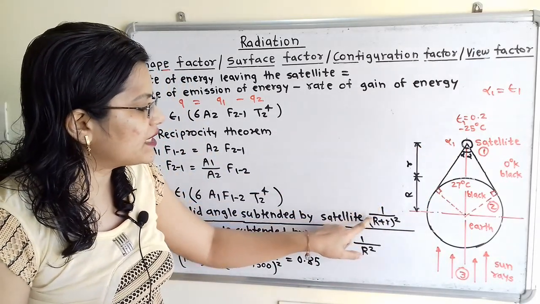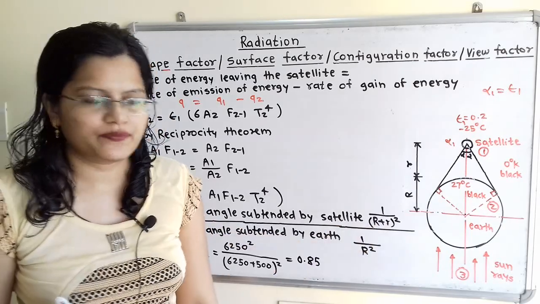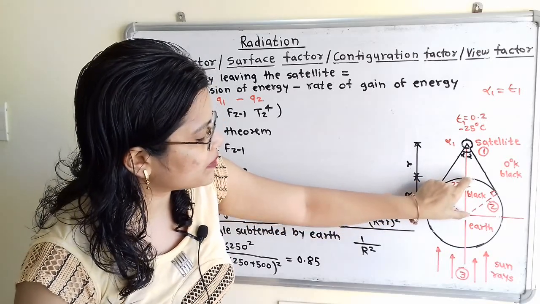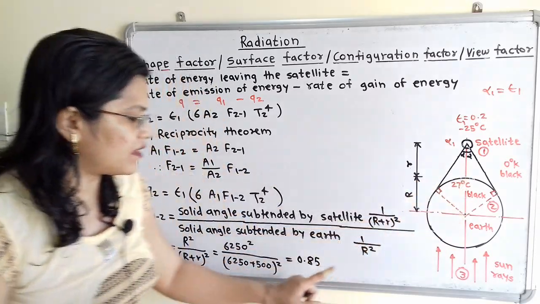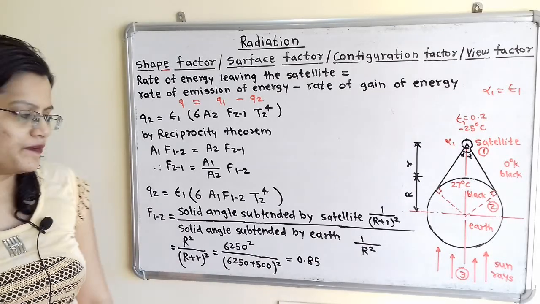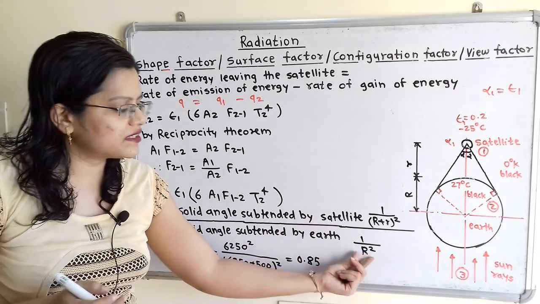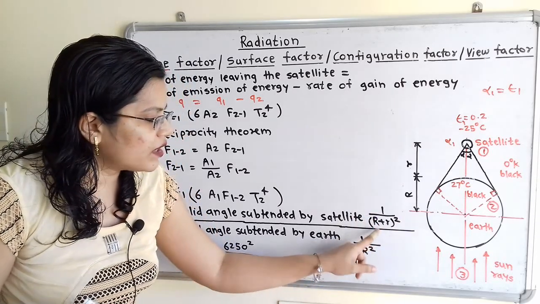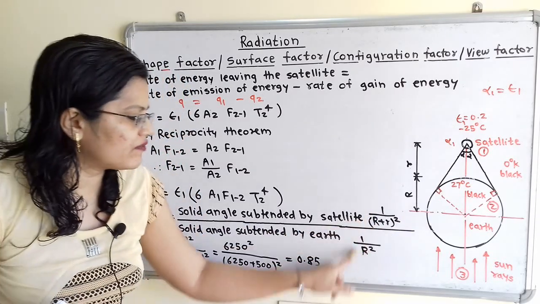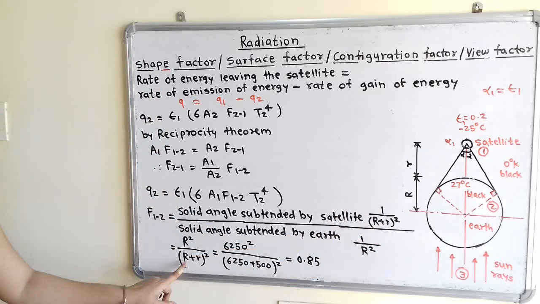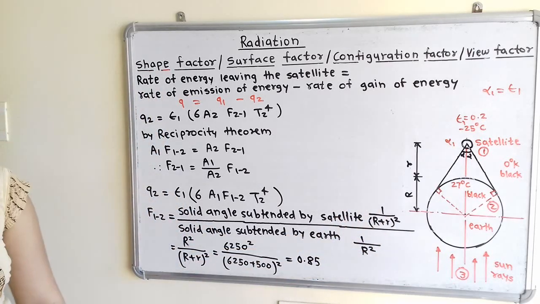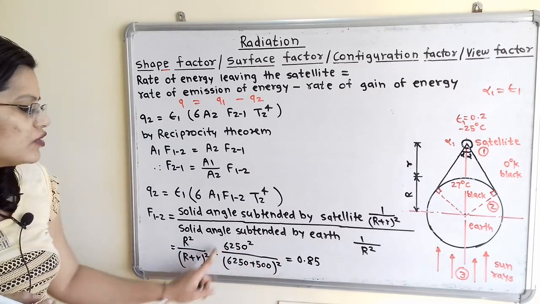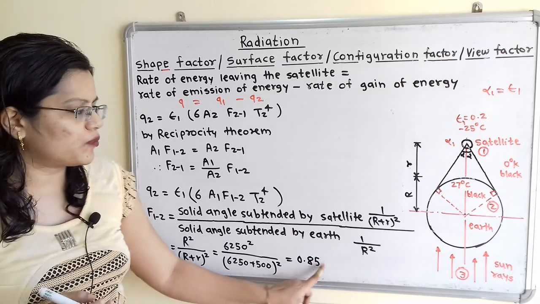So we will write 1 divided by (R plus r) square. And solid angle subtended by earth: here the total distance of the earth's surface from center is capital R. So it is 1 by R square. So when we simplify this, the denominator term will move to the numerator, and this numerator, 1 upon (R plus r) square. So if we simplify this, we will get R square divided by (R plus r) bracket square. So capital R is 6250 and small r is 500. So when we solve this, we will get 0.85.